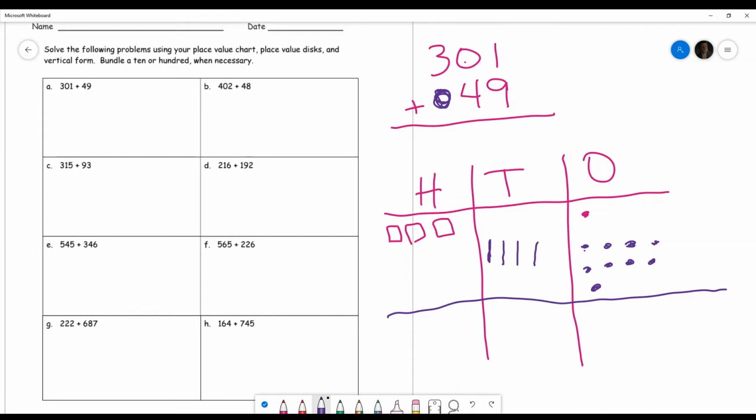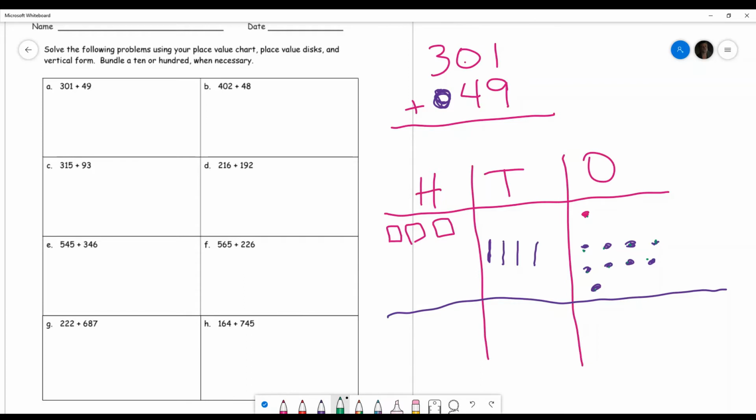I have 1, 2, 3, 4, 5, 6, 7, 8, 9, 10. Do I have enough ones to make a bundle of 10? Yes, I do. I have exactly 10.